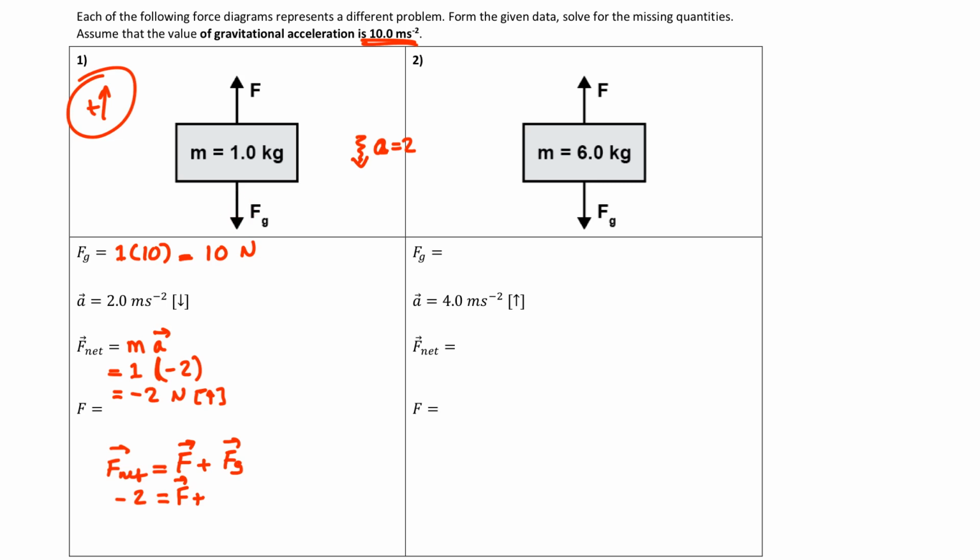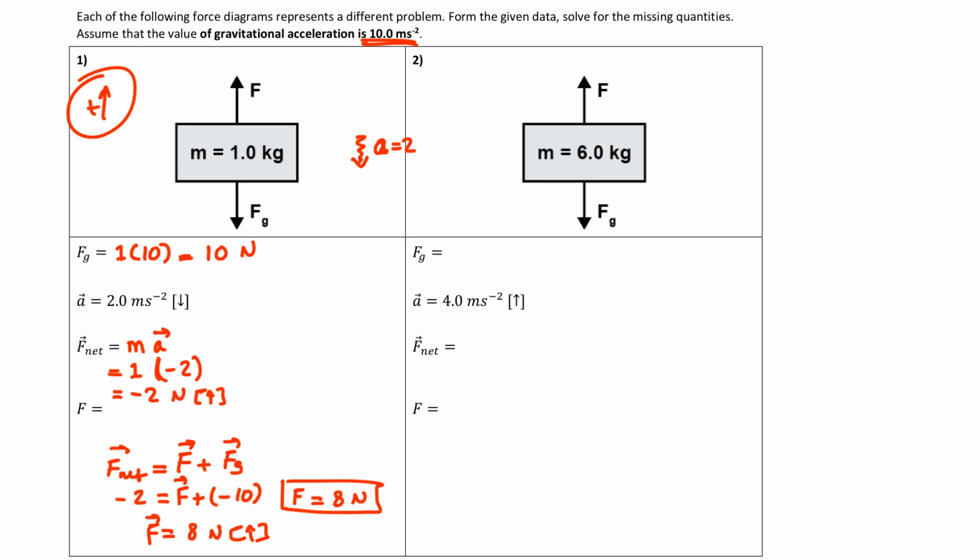Fg is acting downwards, opposite to this, so instead of putting a positive value, I'm going to put negative when I'm using vectors. So that's negative 10. And if I were to rearrange this, I would get that force is equal to negative 2 plus 10, or 8 Newtons upwards. And that would mean the magnitude of F is just 8 Newtons.